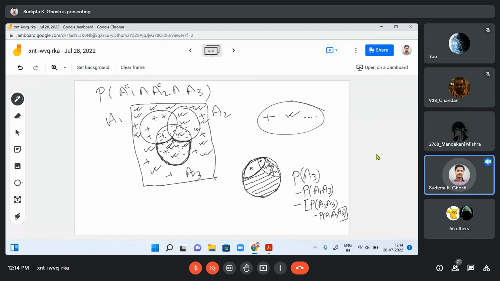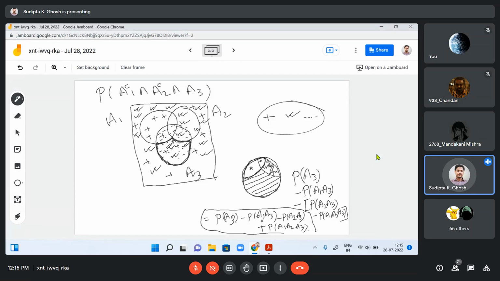So if I take this, what is coming? Probability of A3 minus probability of A1, A3 minus probability of A2, A3 plus probability of A1, A2 and A3. That is coming here actually.